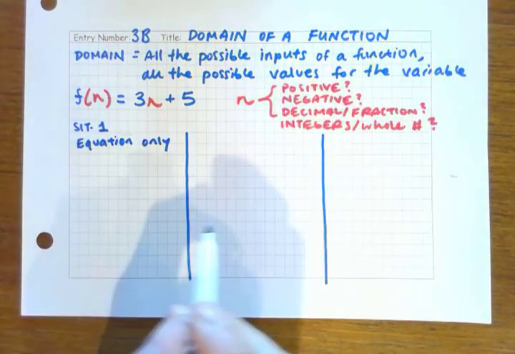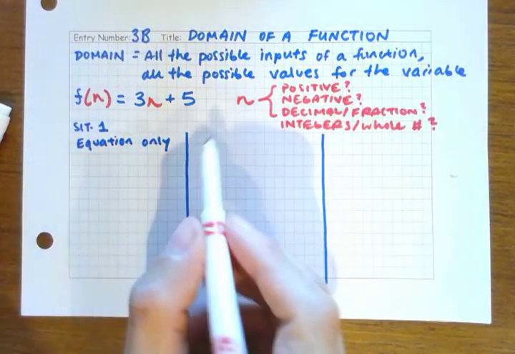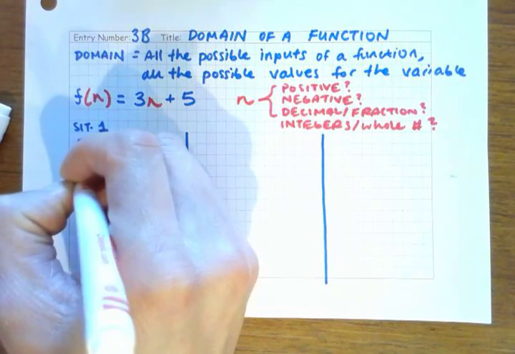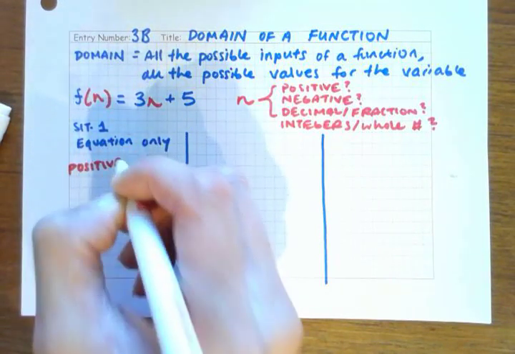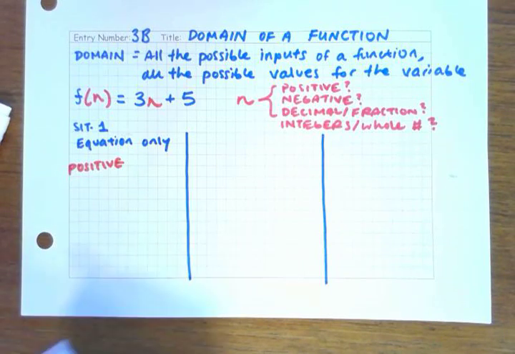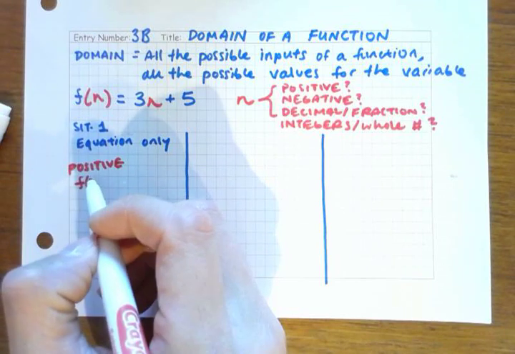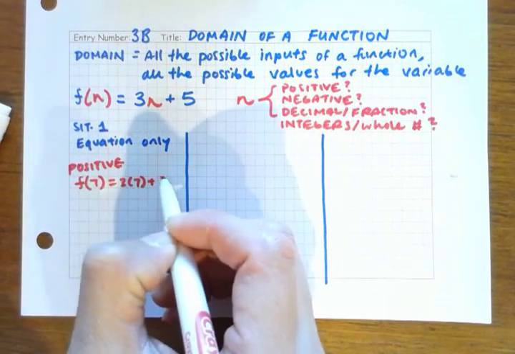Well, if it's just the equation only, so for positive numbers, you could definitely do any positive number, like f of 7. That would just be 3 times 7 plus 5.